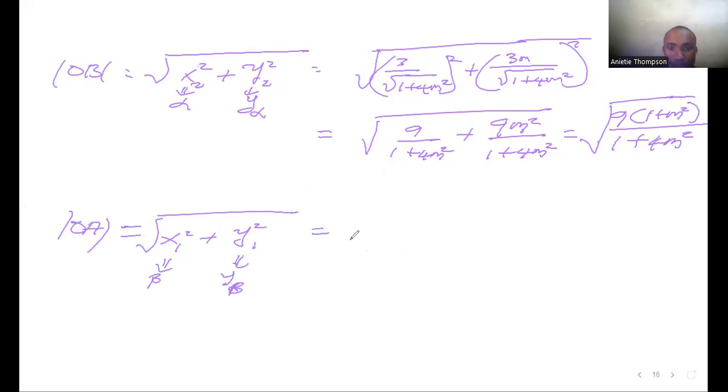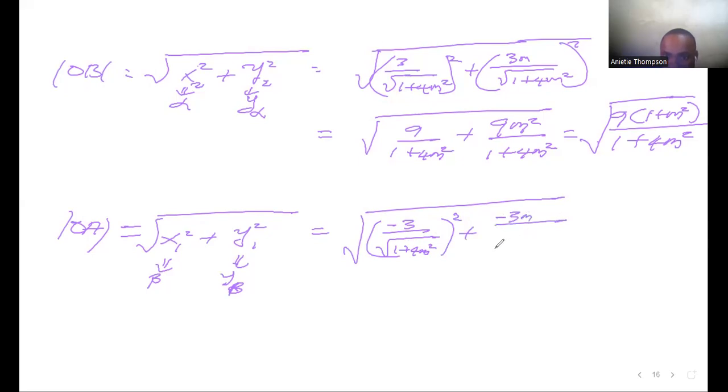So substituting, you will have minus 3 all over square root of 1 plus 4m squared, all squared, plus minus 3m all over square root of 1 plus 4m squared, all squared.